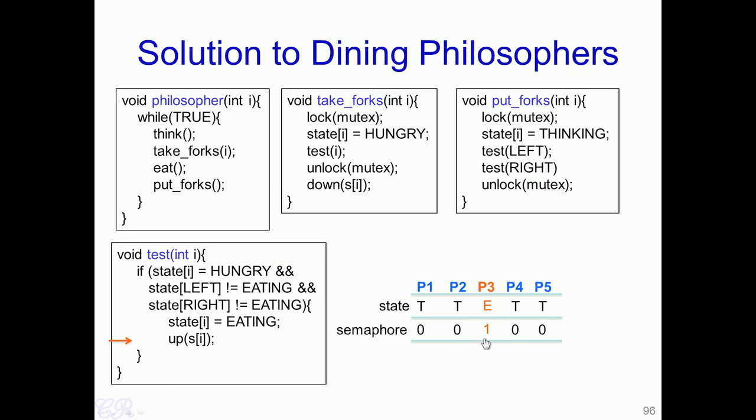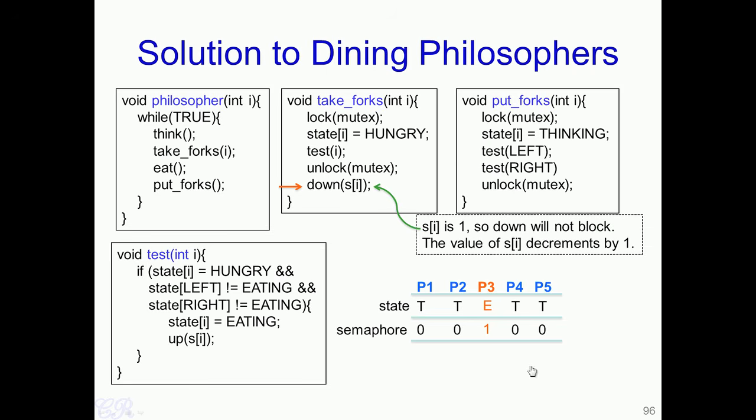So, the test function returns and the mutex gets unlocked, and then there is the down. Down, as we know, would check the value of Si, and if this value is less than or equal to 0 it is going to block or loop infinitely, and if the value is greater than 0, which is the case over here, then it just decrements the value of Si.